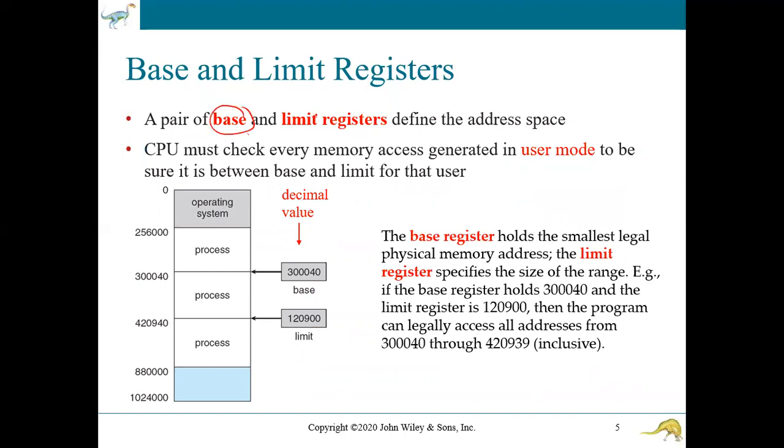For every process, you have a base register and a limit register. Take this process, for example. The base register will point to this address. The base register is holding this address, the beginning of that process. And from there, the size of the process is the limit register.